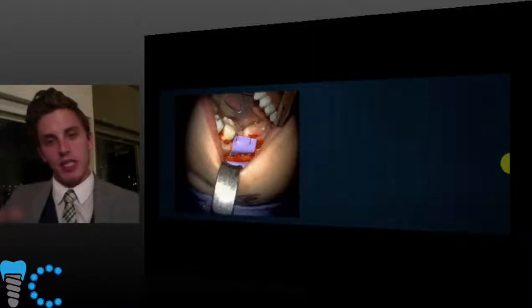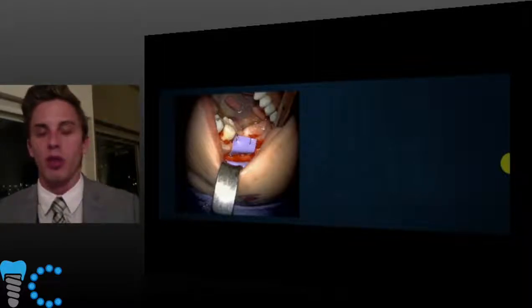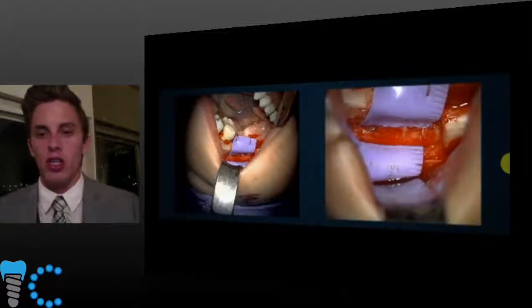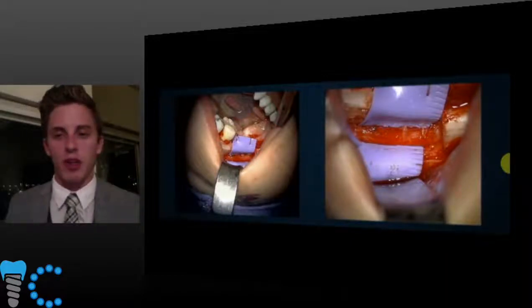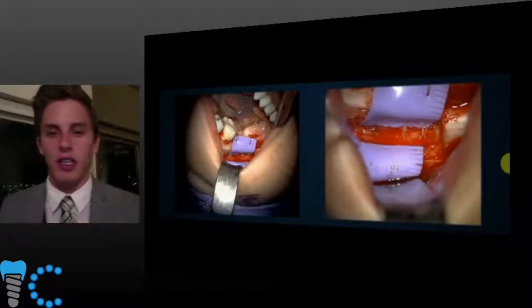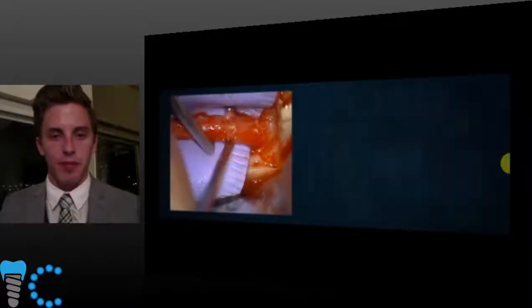There is a piece of rubber underneath it so you can actually work, and then that rubber is sutured to the lingual tissue. So here, this is under microscopic view of the inferior alveolar nerve. You can see our lateral windows. You can see our corticotomy here and how the nerve's exposed.